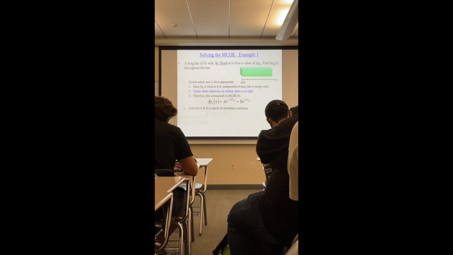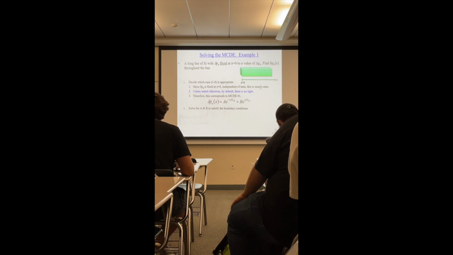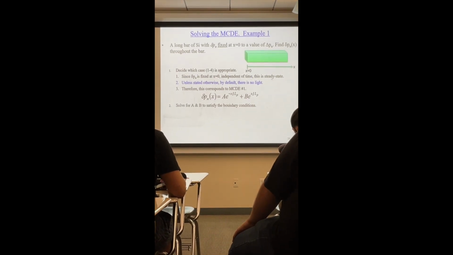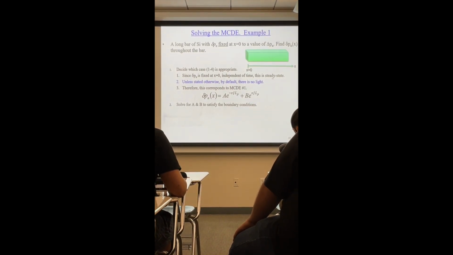When x equals infinity, what's the value for delta p sub n? Is it 0? Why? There are no more holes. Why are there no more holes? Because it's really far away.